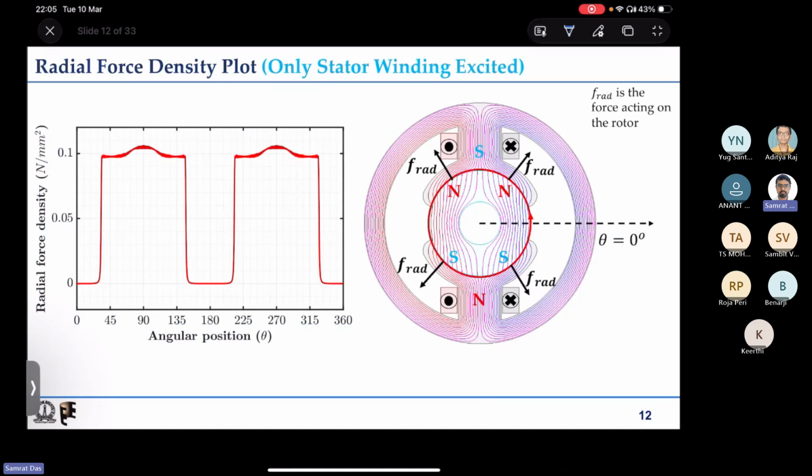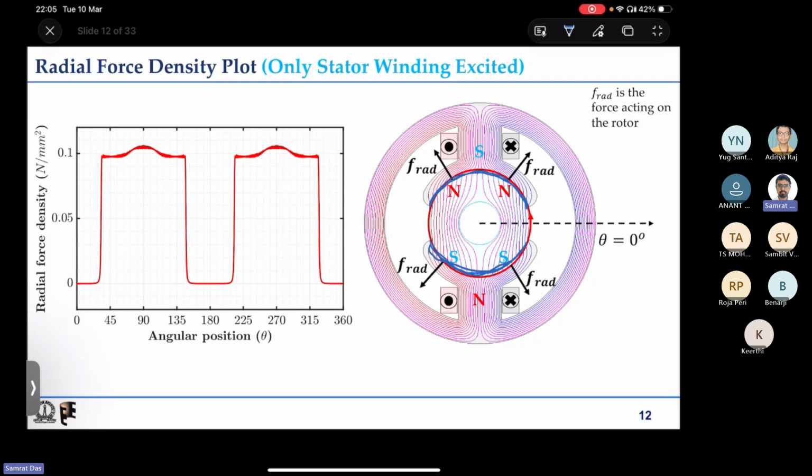So for this portion, you have B_rad as positive. For this portion, you have B_rad as negative. But be it positive or negative, no matter, irrespective of that, if you take the square, it will always become positive. And what is the meaning of positive? Positive means it is radially outward.